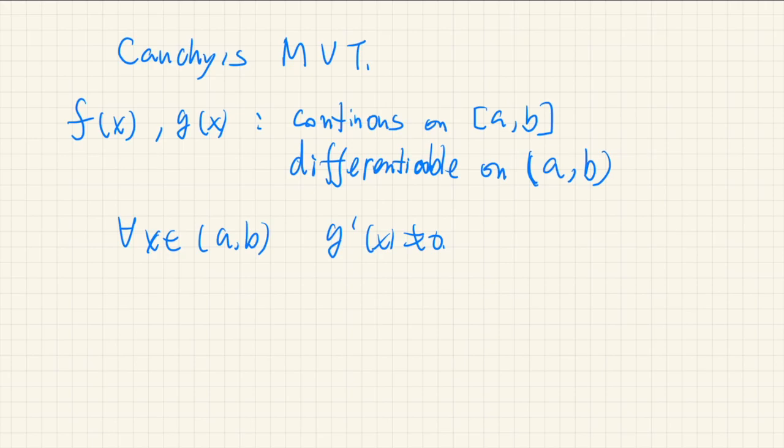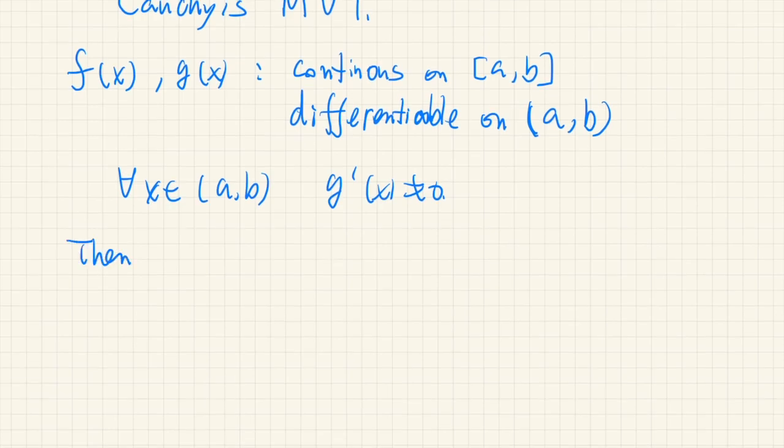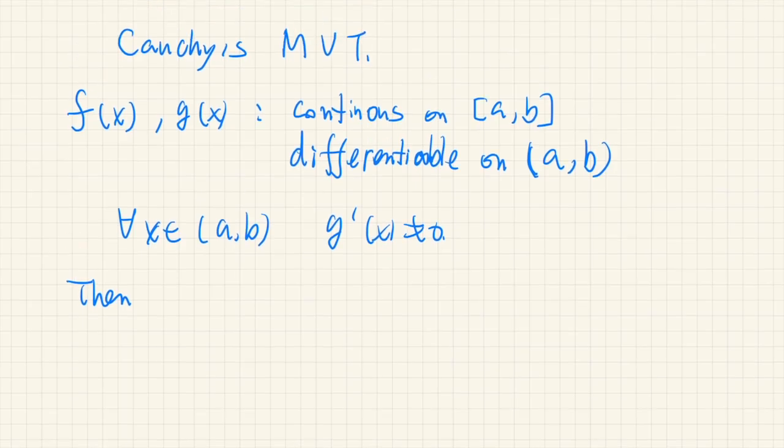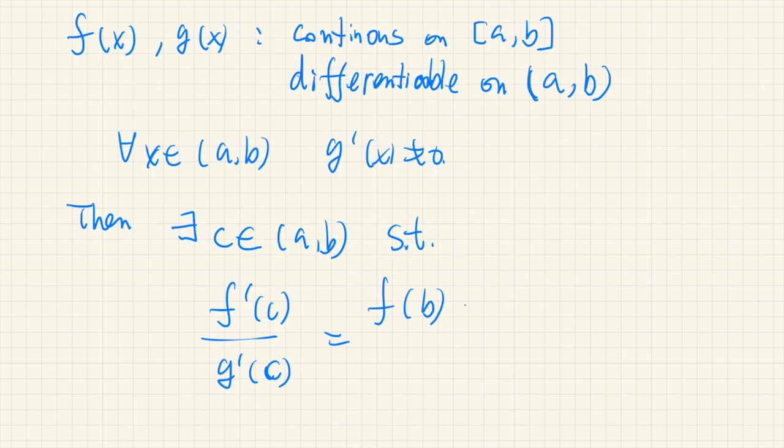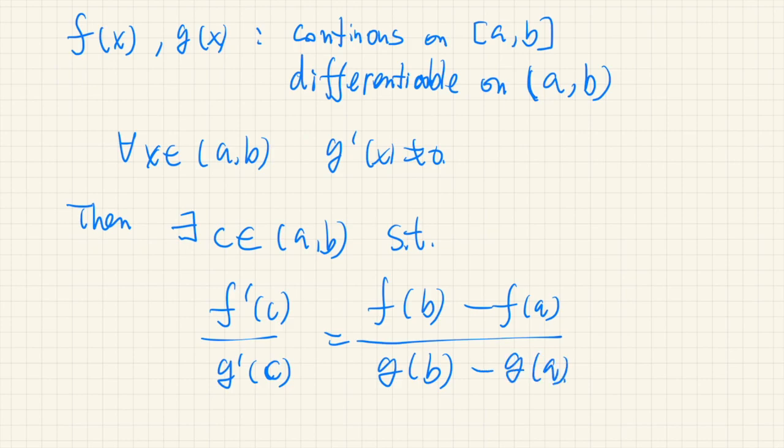Okay, then this theorem states that there exists some c in the interval between a and b such that we have f prime of c over g prime of c is equal to f of b minus f of a divided by g of b minus g of a.